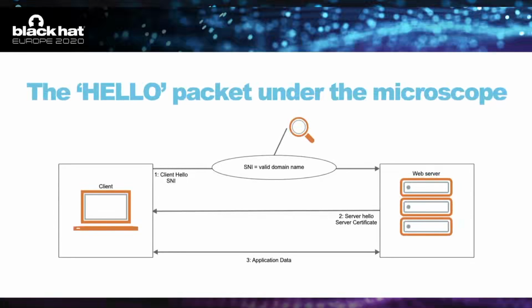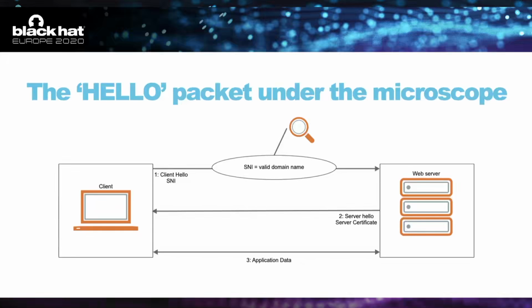So here we see a simplified version of the TLS handshake with a focus on the server name indication field, or SNI in short. The purpose of the SNI field is to tell the server which domain or site you want to visit so that it can present you with the correct certificate, as I explained earlier.